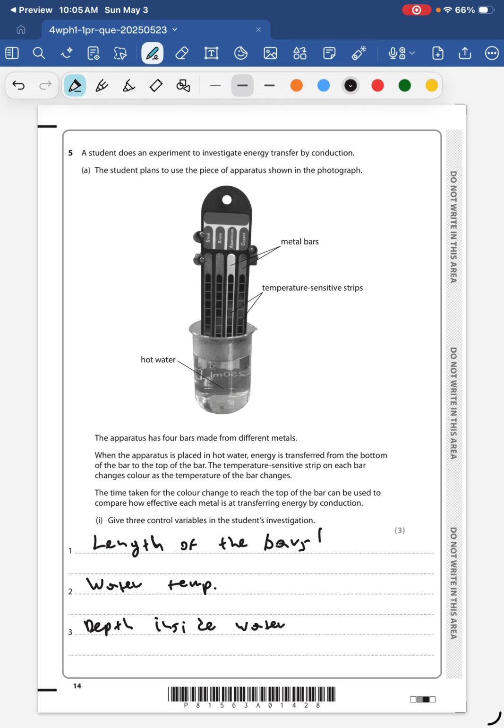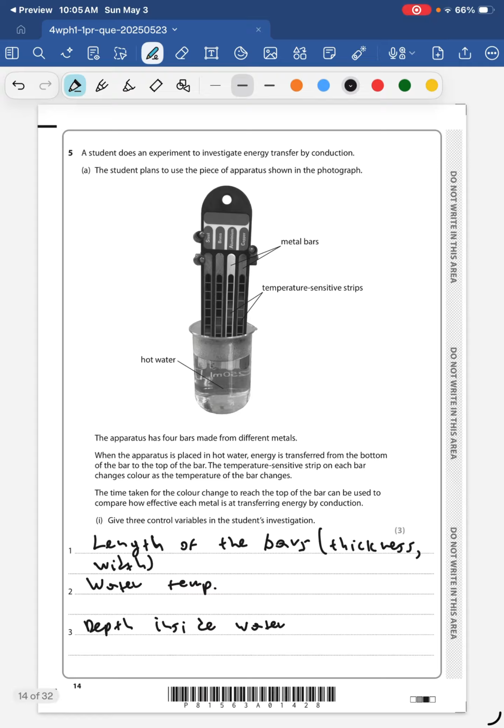And you can also write the thickness of the bars and the width of the bars. Okay, so these are the control variables. These are variables that you have to keep constant and the same for all bars, okay? So the experiment makes sense.